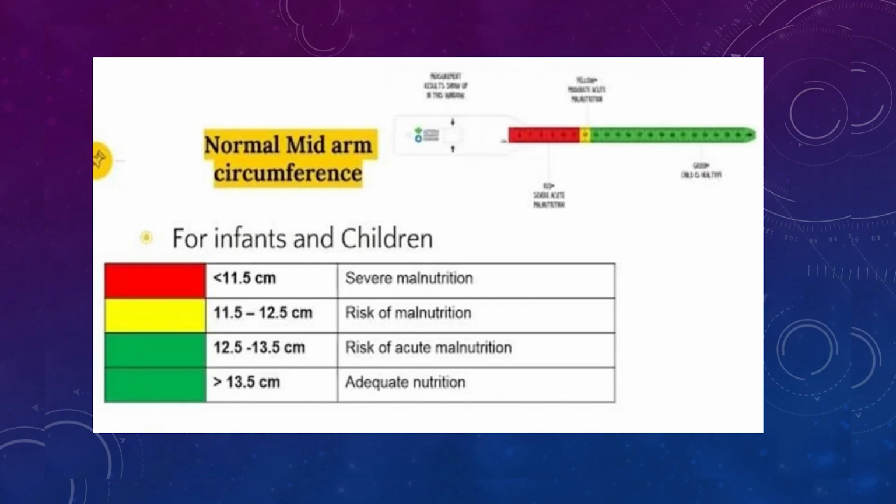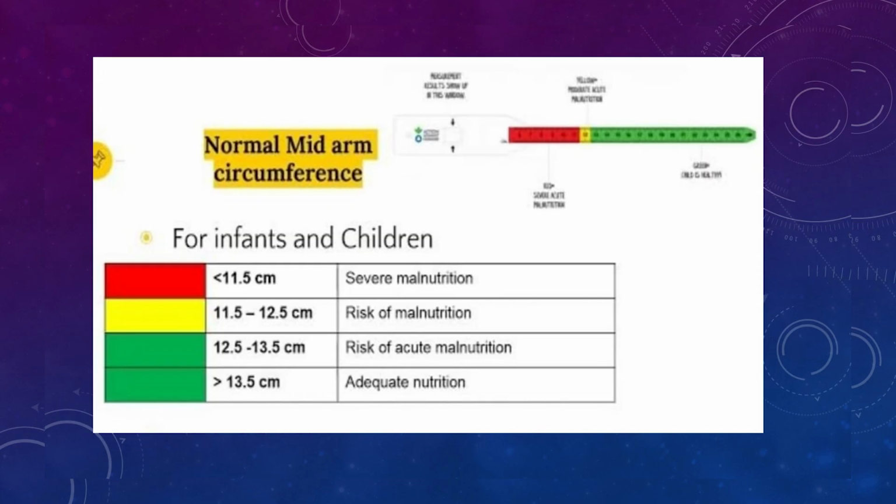When the measurement is in the green part of the belt, between 12.5 to 13.5, there is a risk of acute malnutrition, like a mild malnutrition. And when it is above 13.5 centimeter, the child is having adequate nutrition, so that is the normal range. When the mid upper arm circumference is more than 13.5 centimeter, that is a healthy child, not malnourished.